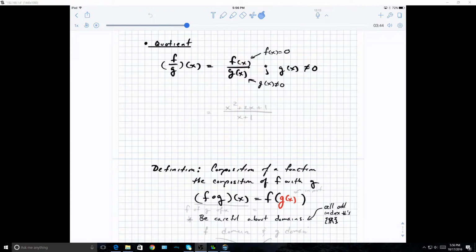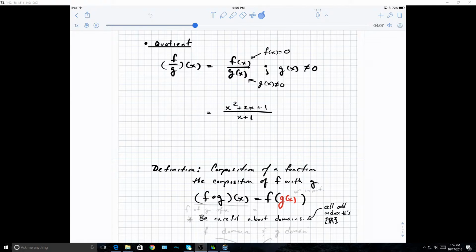Okay. Now, as just a reminder here, I can give an example. So x squared plus 2x plus 1 divided by x plus 1. That's a nice one. You'll find out later. But actually, you could do it. You could factor it out and then cancel it.